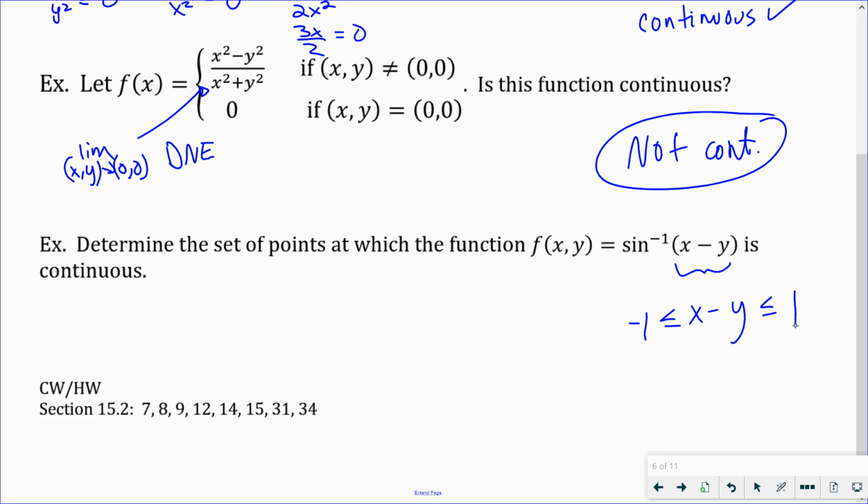So you'd want to say (x, y) such that, so it's like a little set notation. You'd want to have an x and a y value such that x minus y is between -1 and 1. I could have said (x, y) is an element of the real numbers, I guess I could have put that. So remember that little symbol right there means such that.